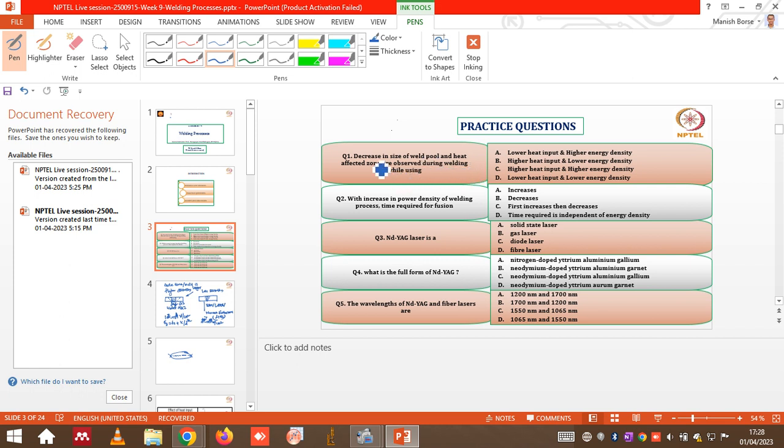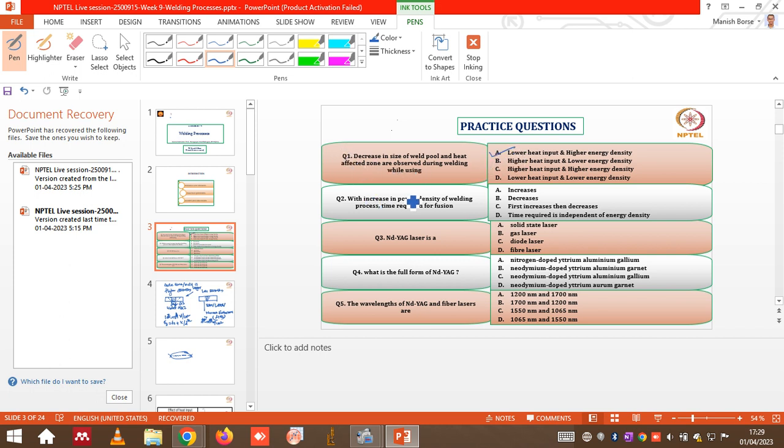As I said, the weld pool is smaller, and the heat affected zone is also narrow in the case of laser beam and electron beam welding processes, because those processes use higher energy density sources, and the actual heat input will be lower. Okay. So that's why we can say option A is more appropriate for the first question.